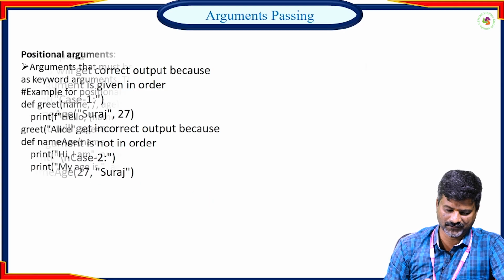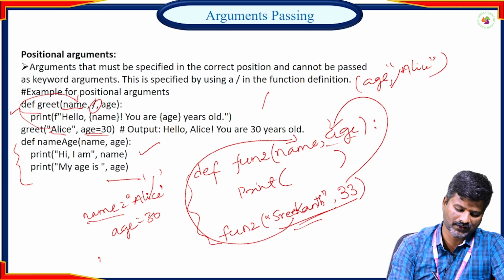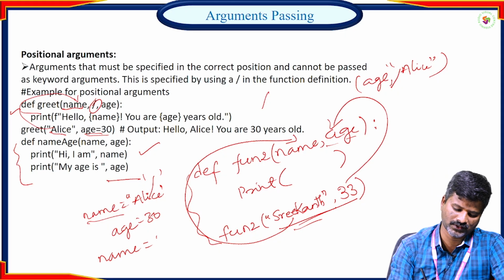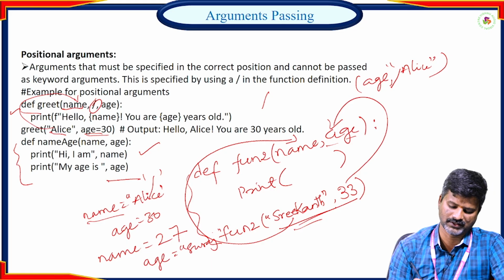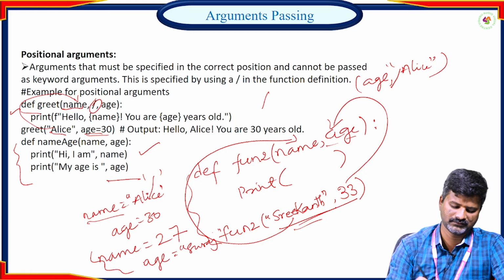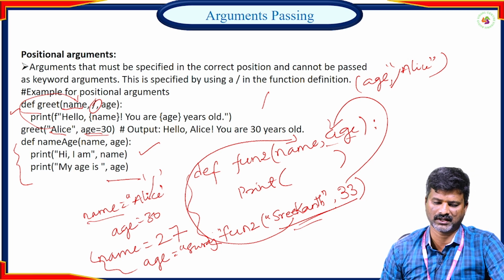But as per the definition, what is expected first is name. So 27 will be stored in name, and age will contain the name Suraj. Is that meaningful? No. So whenever you pass positional arguments, you need to follow the order.